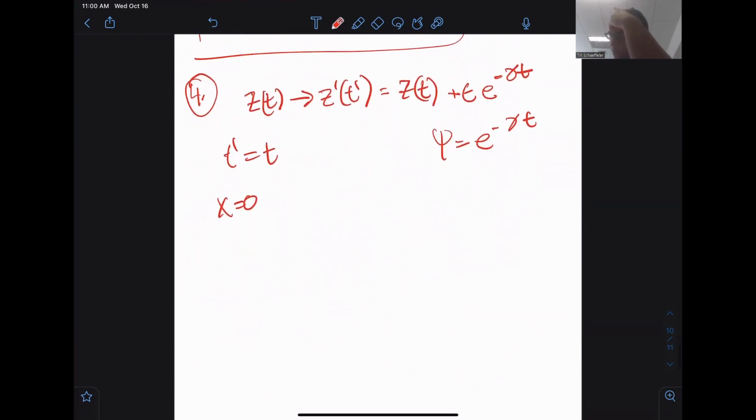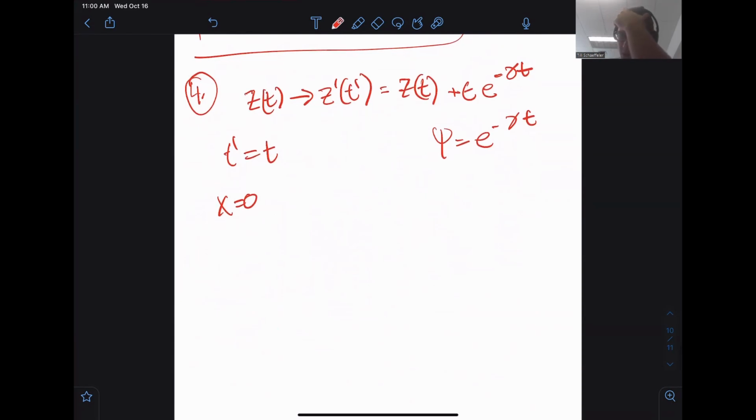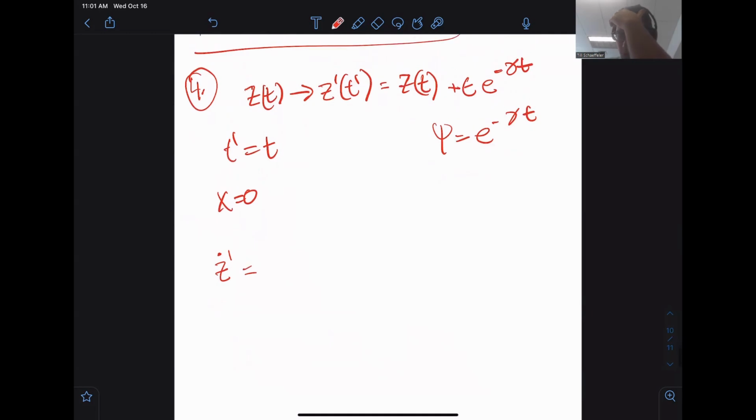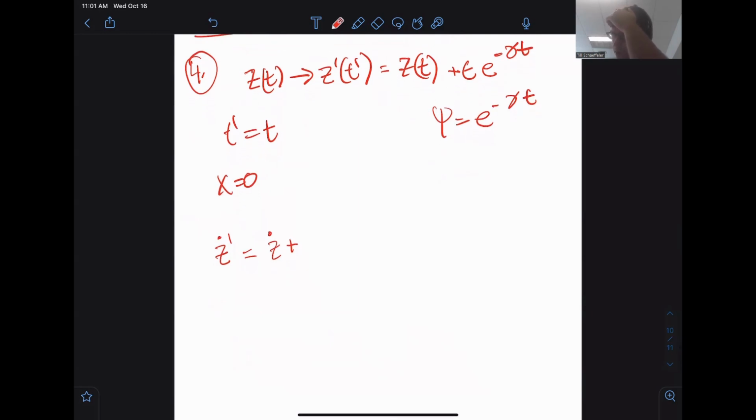And again, we need z prime dot. Well, actually we need z prime dot squared in the end, but first we have to find z prime dot. That's equal to z dot plus epsilon e times negative gamma.